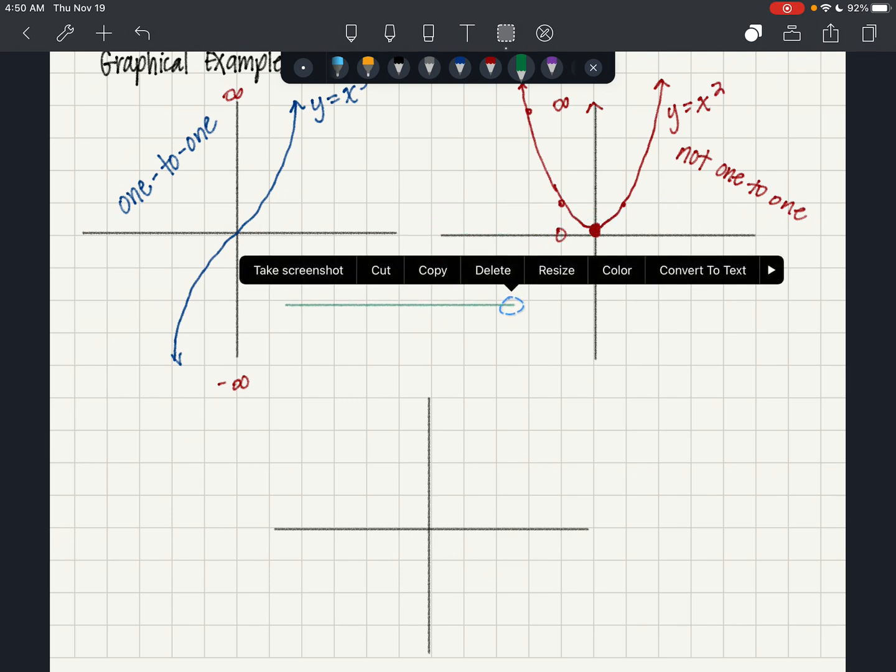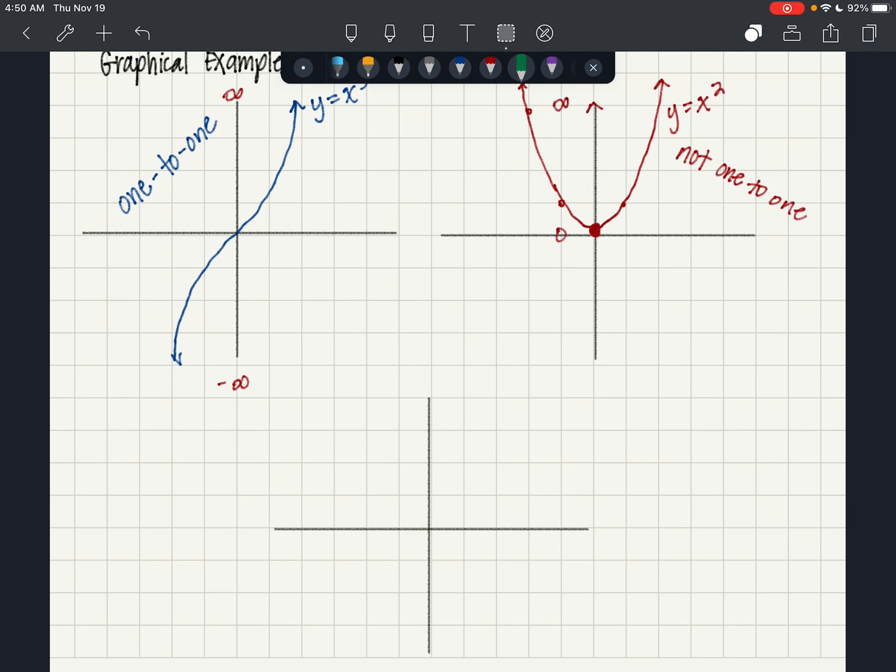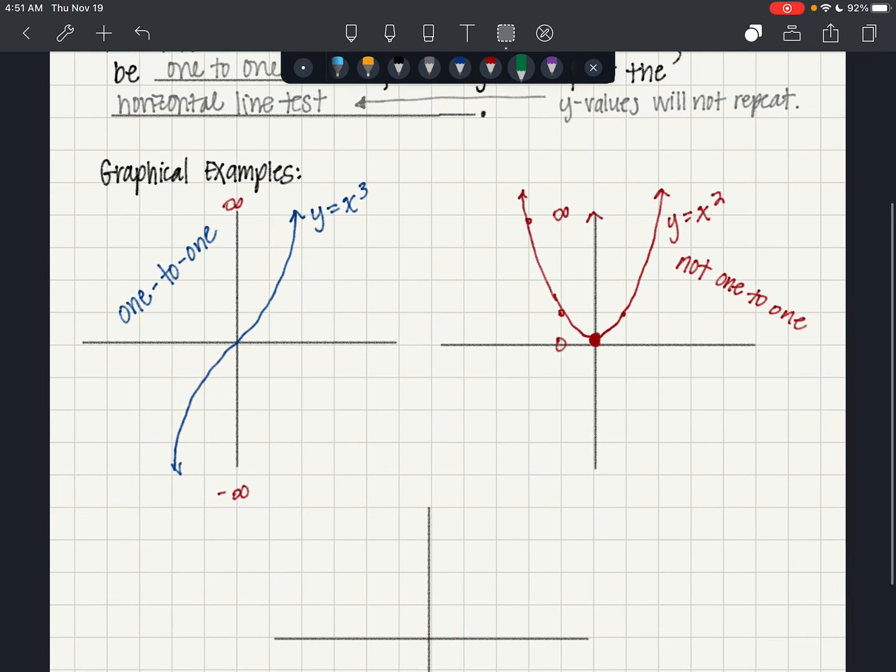The reason why we look at the horizontal line test is because, remember, this graph is going to be symmetrical about the line y equals x. So here's the line y equals x. So for it to be symmetrical about the line y equals x, we rotate it 90 degrees. So the green curve is the inverse of the red curve.